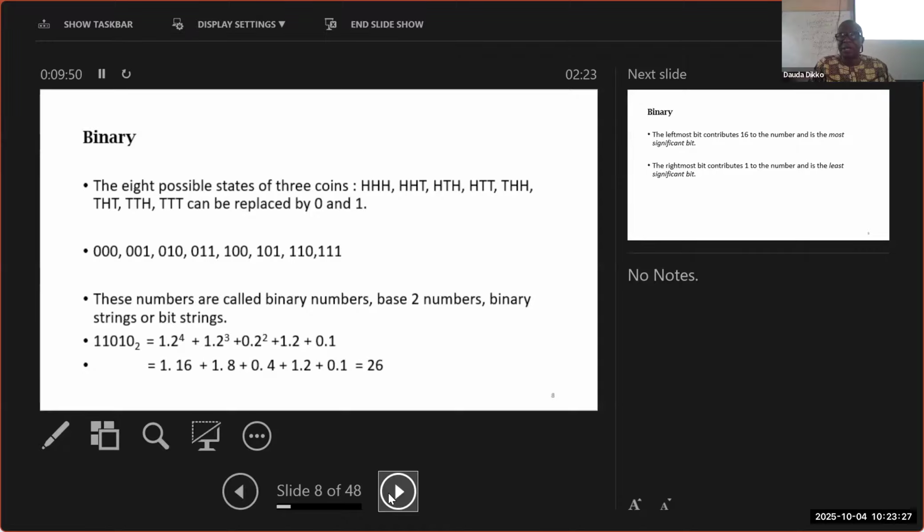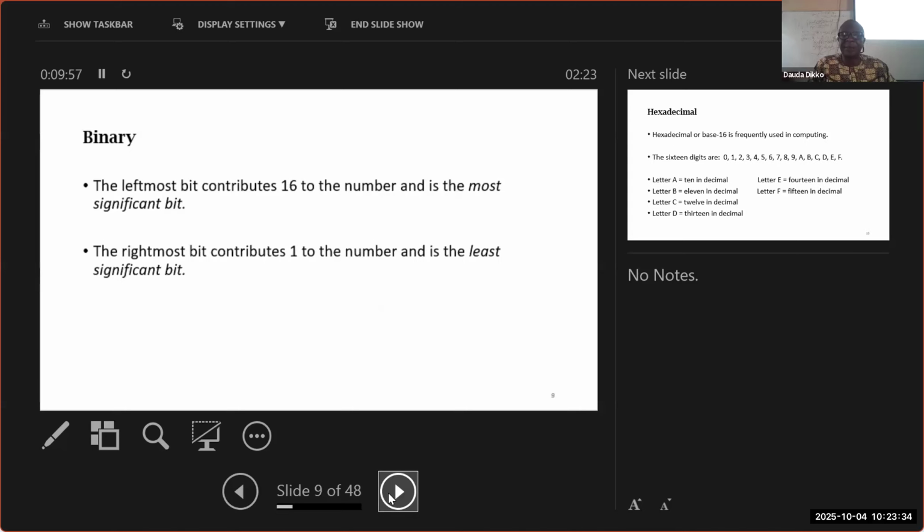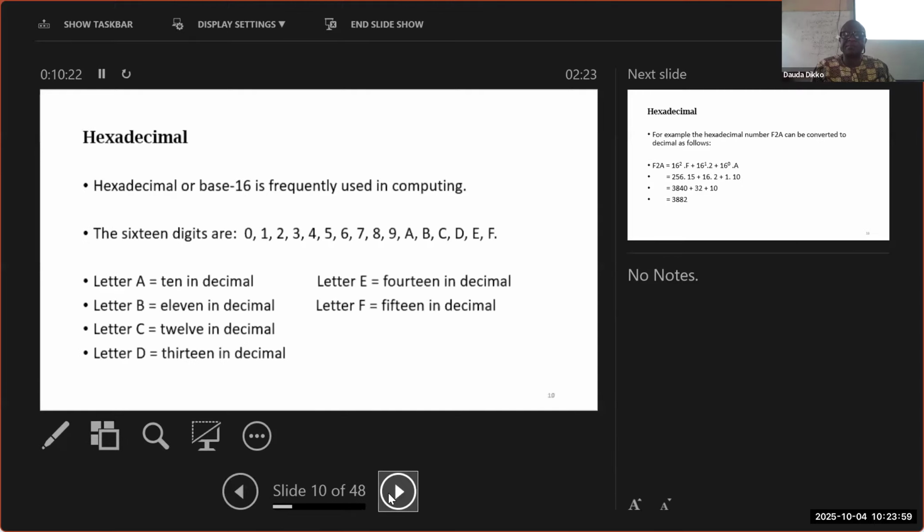The rightmost side carries less information, which indicates that it is not significant. So the leftmost bit contributes 16 to the number, and it is the most significant bit, while the rightmost contributes only 1 to the number, and it is the least significant bit.